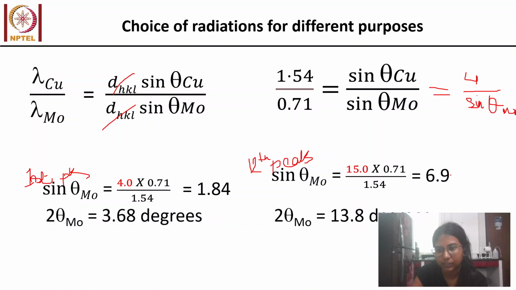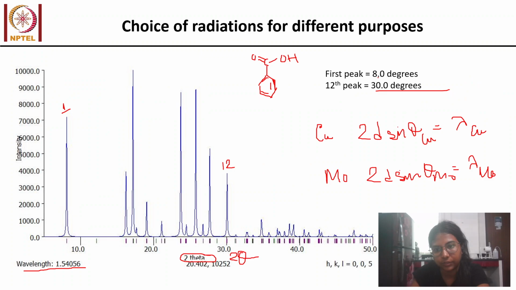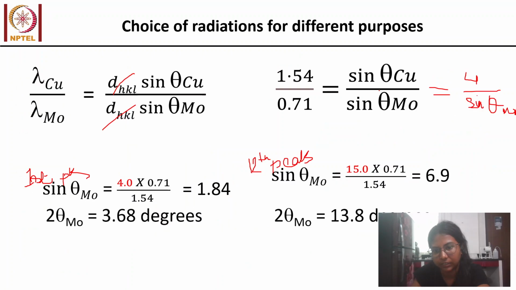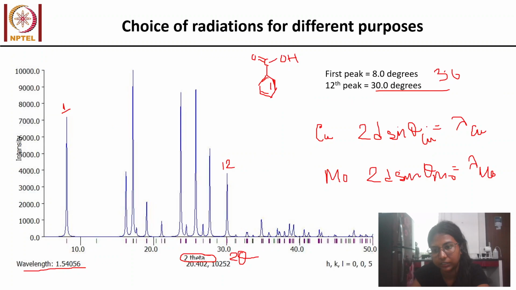The 2 theta in molybdenum will come out to be 13.8. So you can understand, right? The peak which was coming at 8 will now come at 3.6, and the 12th peak which was coming at 30 degrees will now come at 13.8.